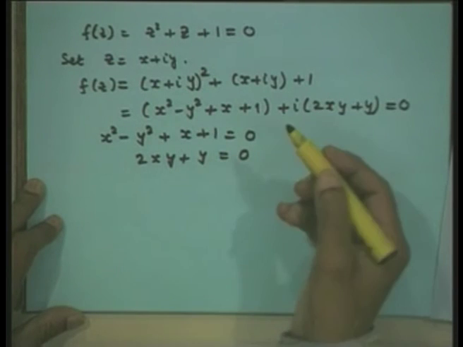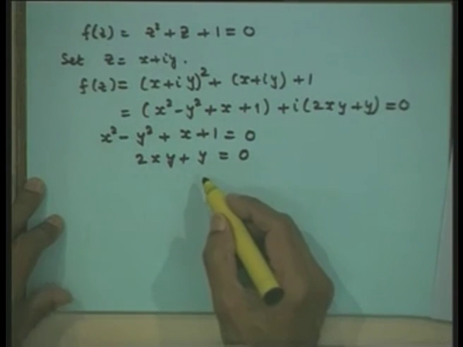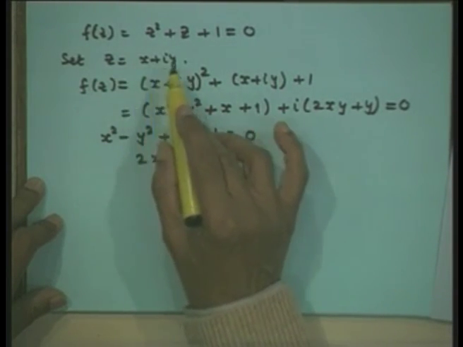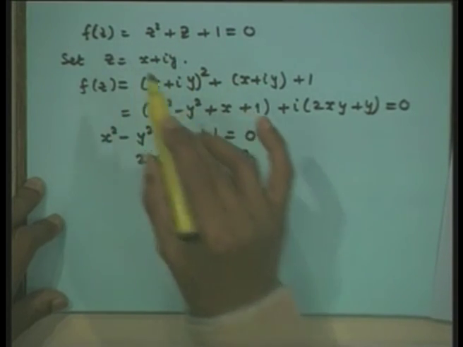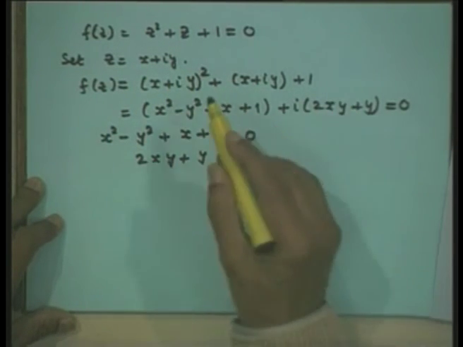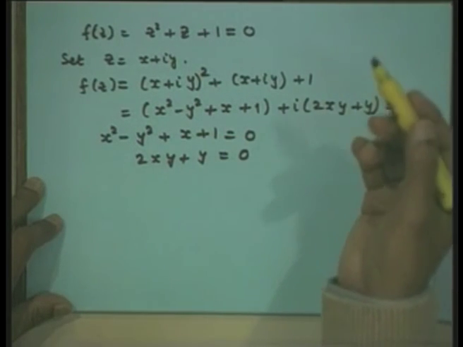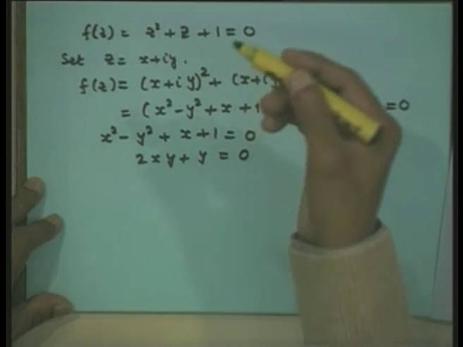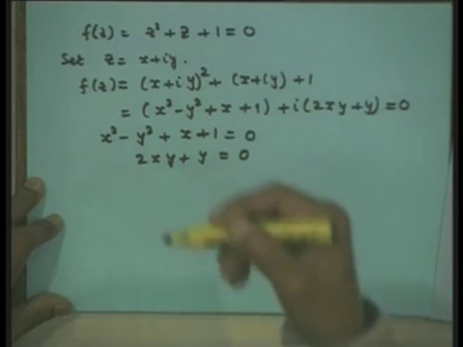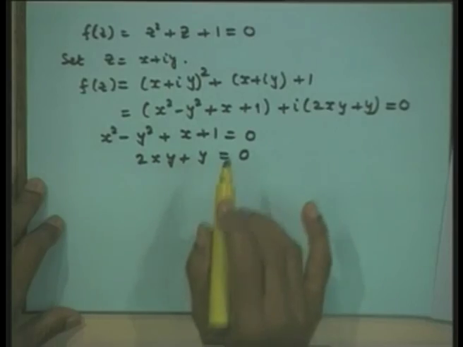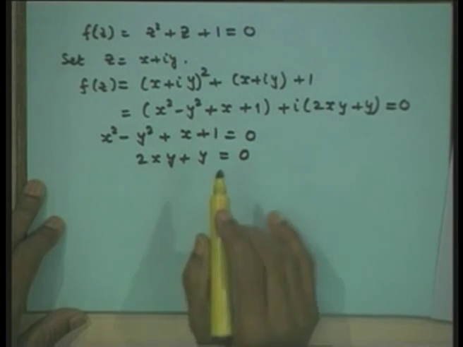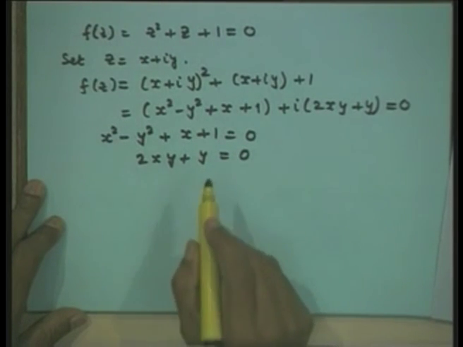Therefore, the general technique in this particular case would be to substitute z is equal to x plus iy in f(z) is equal to 0, separate the real and imaginary parts, put them equal to 0, and solve them as a system of two simultaneous nonlinear equations in two variables x and y. That gives the alternate method to the Newton's method that we have discussed earlier.